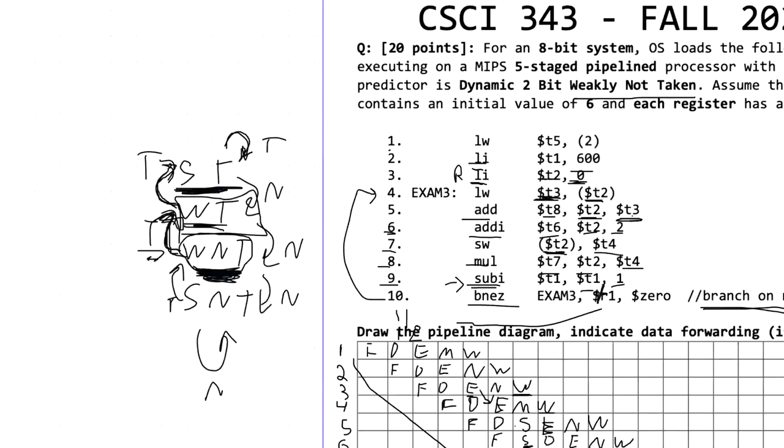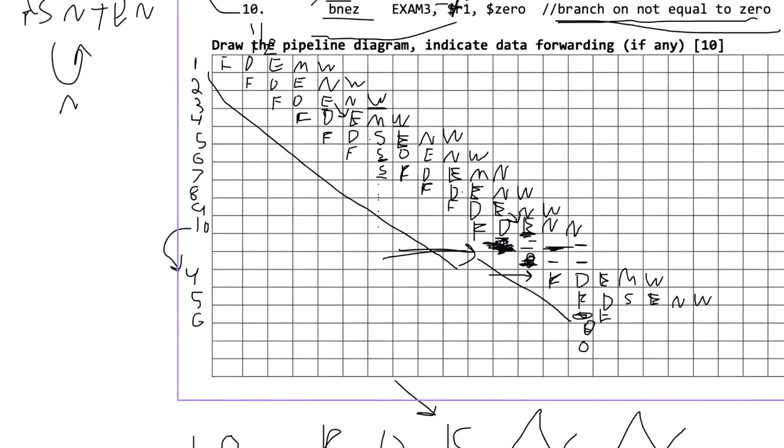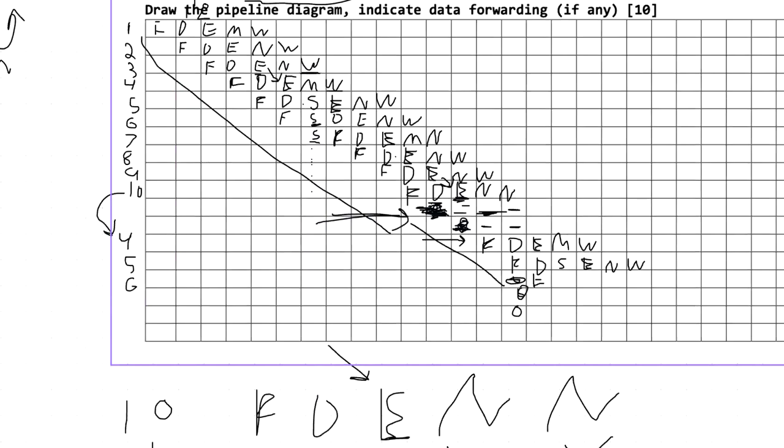We know that we're going to continue taking the branch. This is going to bring us to strongly taken for the remainder of the program until the very end. So this is going to help us a lot. And for the remainder of the program, we're going to fetch in this spot over here. So we will not lose these 2 cycles anymore. We only lose them at the very beginning. So that's why we're losing those 2 cycles.